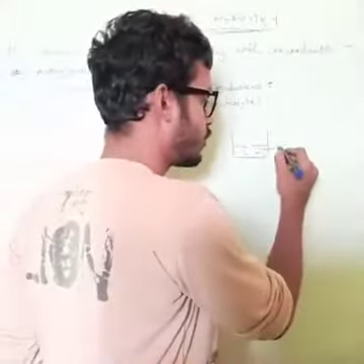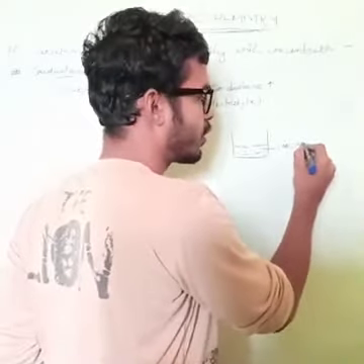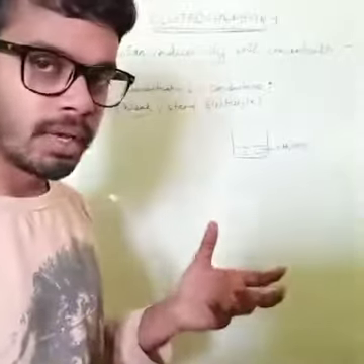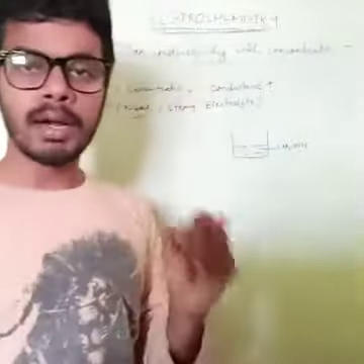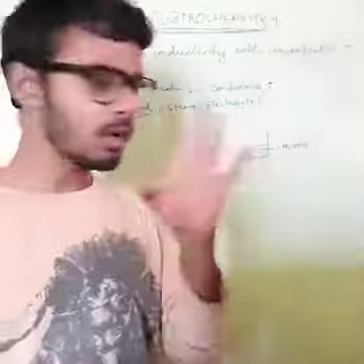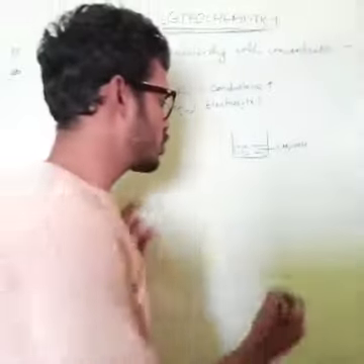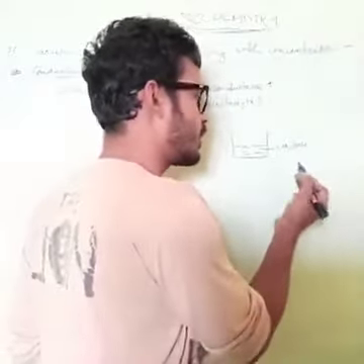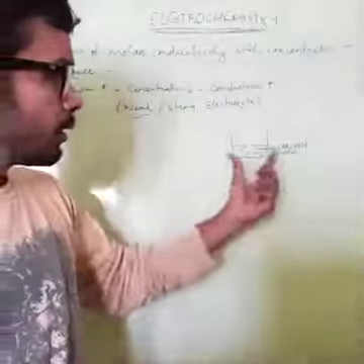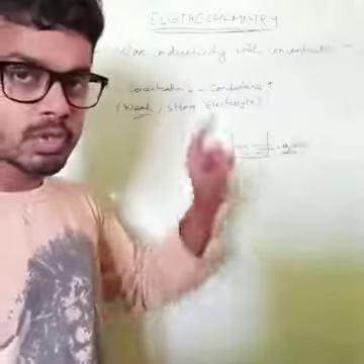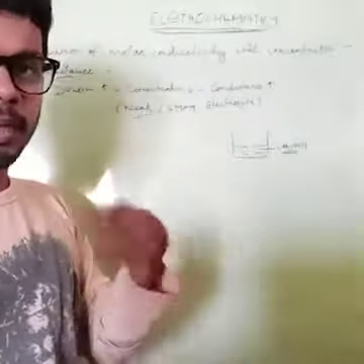If you take acetic acid, we know that it is a weak electrolyte. Why? Because in a weak electrolyte there will be no 100% dissociation into the ions, maybe 40%, 50%. That means the reactant part will be there in the solution as well as the product part, the ionized part.